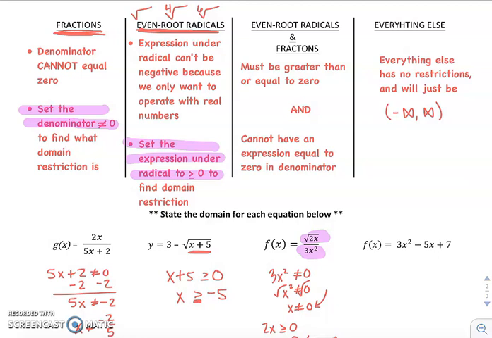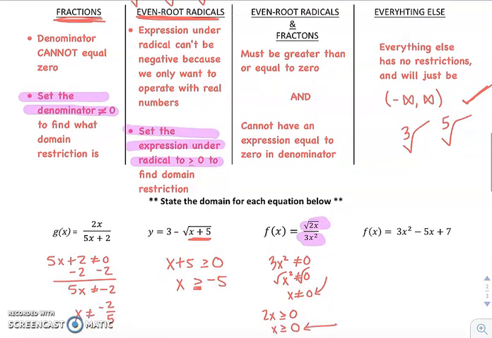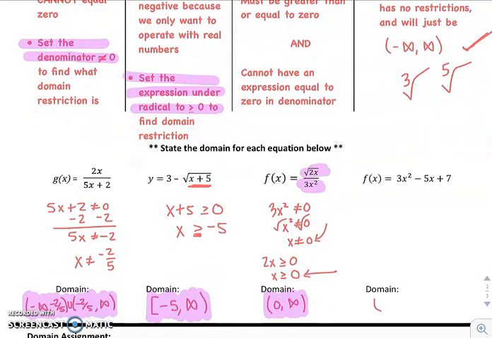It's just negative to positive infinity. So even if you had an odd root, it would still be okay. It's just those even roots and those fractions that have some sort of domain restriction that you need to figure out. If it doesn't have one of those, no problems, no restrictions. Negative to positive infinity, x can be anything.